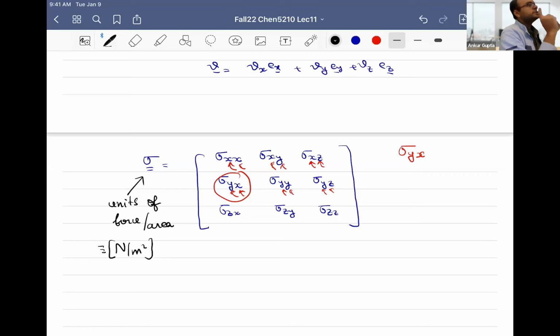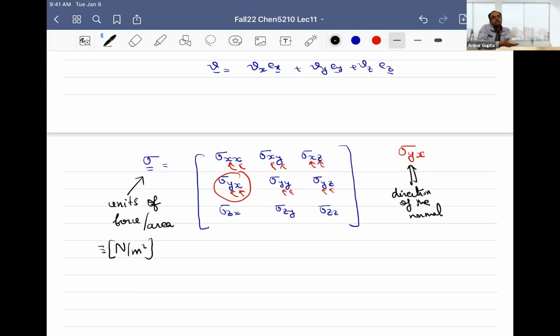When you have a surface of this sheet, remember, whenever we define a surface, we need a normal vector. So this direction is the direction of the normal. And why do I need the second direction? Any thoughts? I have a surface, and sigma is kind of like a force per unit area.